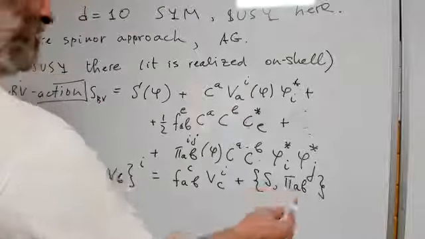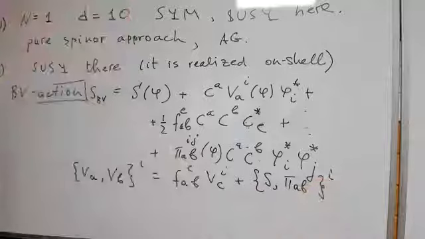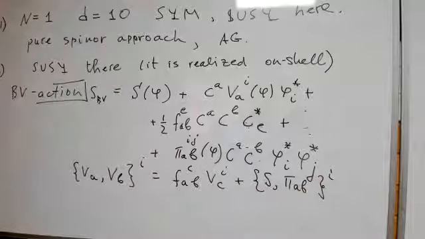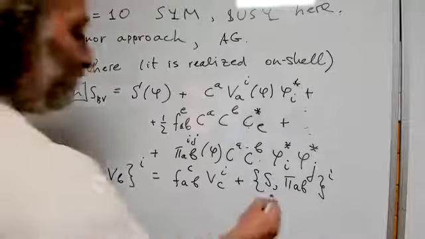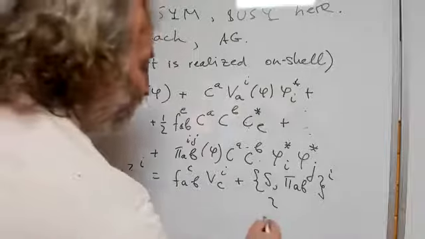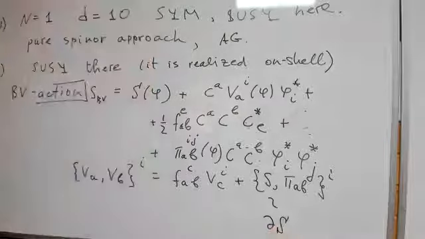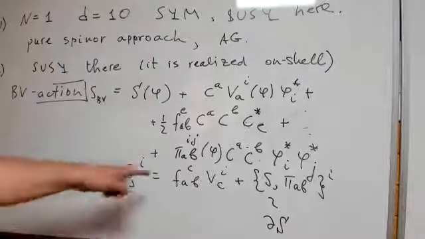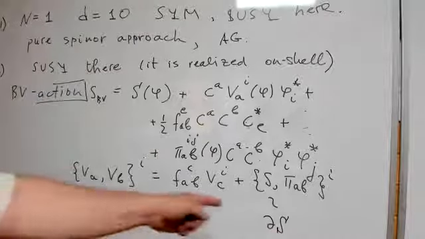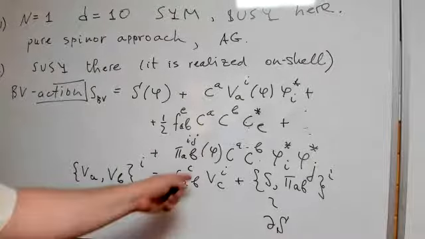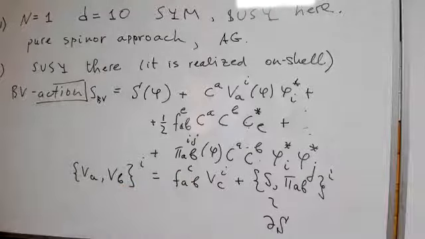So this is a vector, so I can put here I. Since this term is proportional to S, we say that vector fields of the symmetry are closed, so-called on-shell.